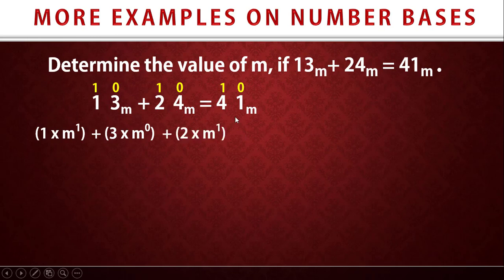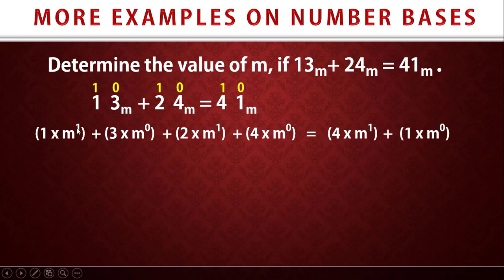Then the next digit 4: 4 times m raised to power 0, so we have plus 4 times m raised to power 0. Then we have equals to, and we expand for this 4 and 1 using power expansion. So we have 4 times m raised to power 1, and then plus 1 times m raised to power 0. You get that now?